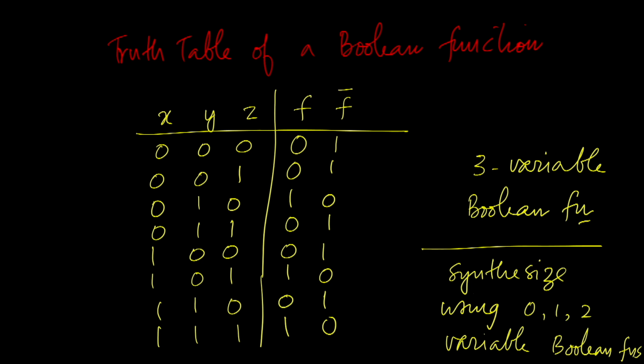We are given the truth table of a function, a Boolean function. A Boolean function can be completely specified by specifying its truth table, because this truth table now maps all the possible inputs to the corresponding outputs. So the function is completely specified by a truth table. So the function is specified using a truth table, and we want to see if the function can be synthesized using 0, 1 or 2 variable Boolean functions.